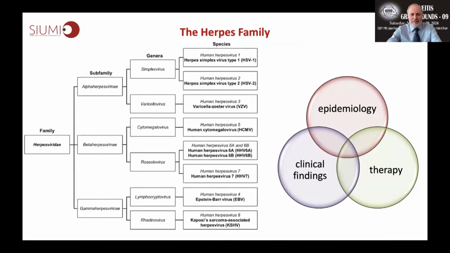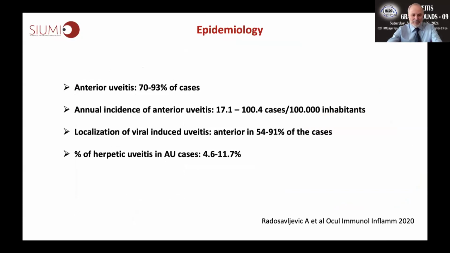But this morning we will speak about HSV1, varicella zoster virus, and CMV. And although all of them belong to the same family, they do not share some important epidemiological features, critical findings, and therapeutic approach. So as you will see later, there are differences even in the presentations as well as in the therapeutic management of these patients.